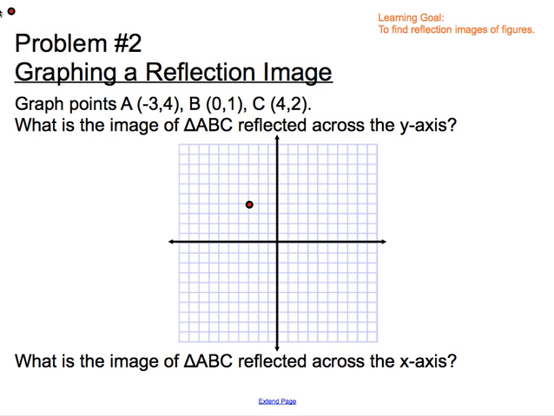So we have a point right there. We have the point at (0, 1), so this is a location. And we have a point at (4, 2), so that's our final location. So let's connect these to get our triangle. So here we have triangle ABC.